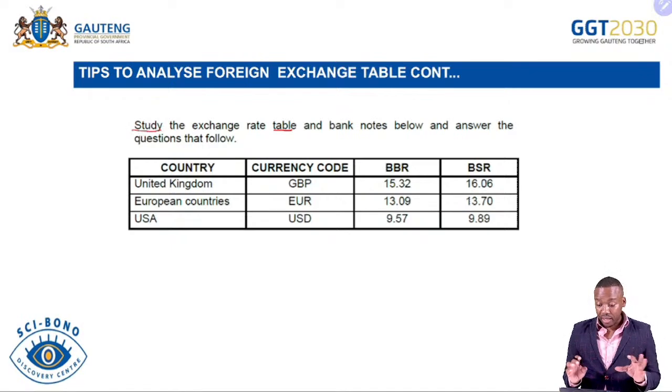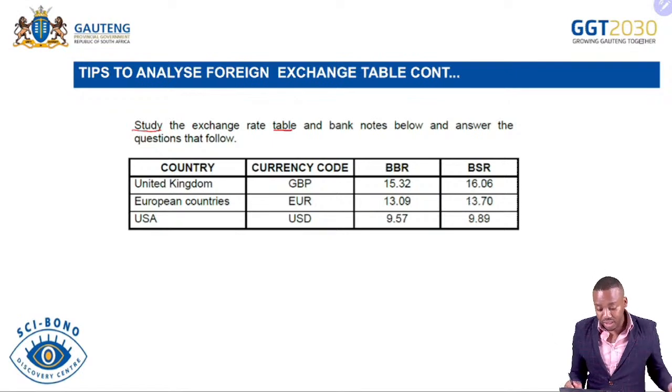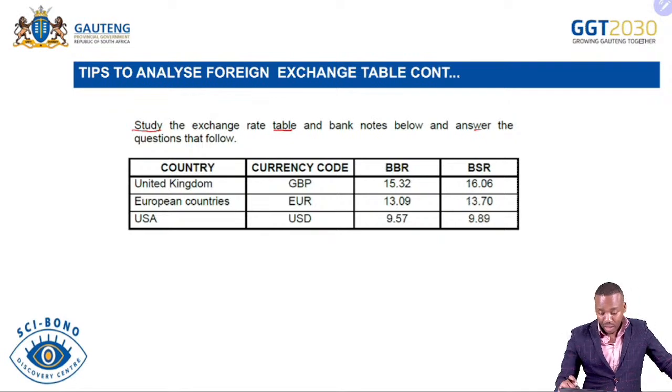It is shocking sometimes when you get a question paper, it does not have any pencil marks on it. I'm like, how did this person interpret this? How did this person study? So the examiner's instruction says, study the exchange rate table and banknotes below and answer the questions that follow.